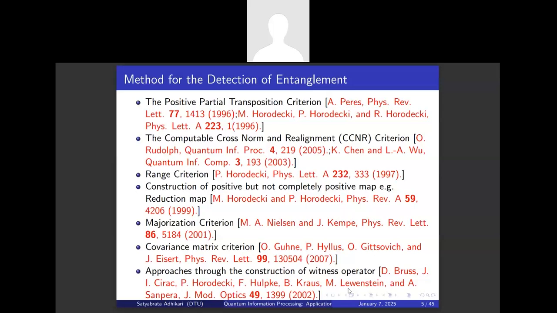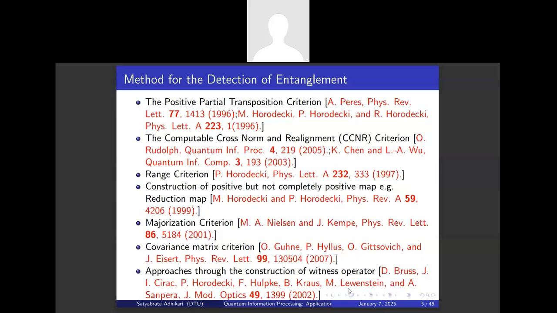And those operations, when you perform them on the positive map, take it into a completely positive map. And we know that when we have a completely positive map, it can be realized in an experiment. But the problem is somewhere in different places, which I will mention in a later slide.